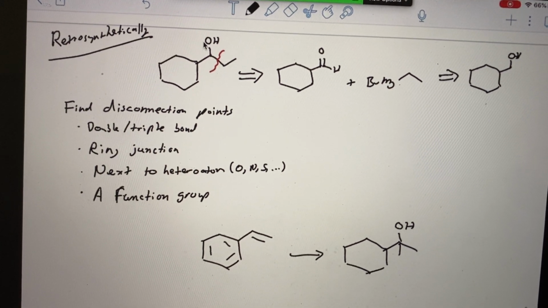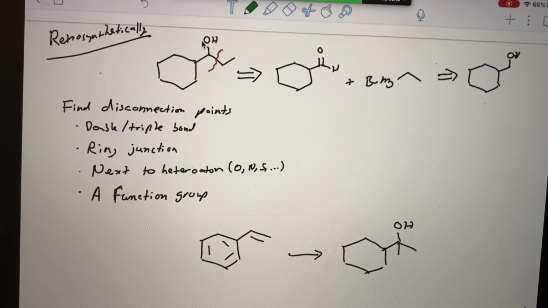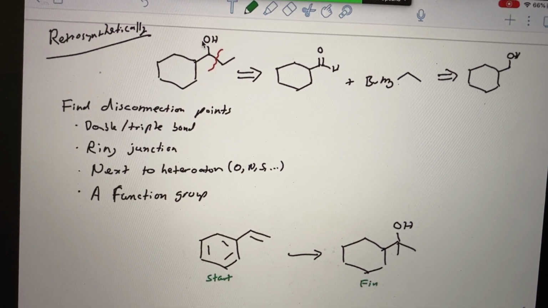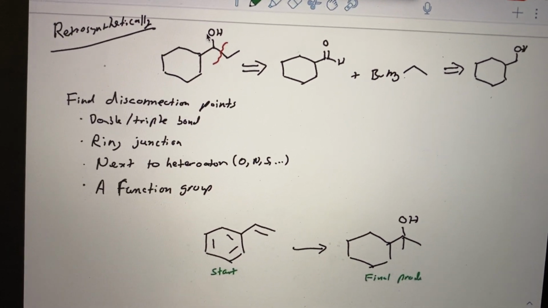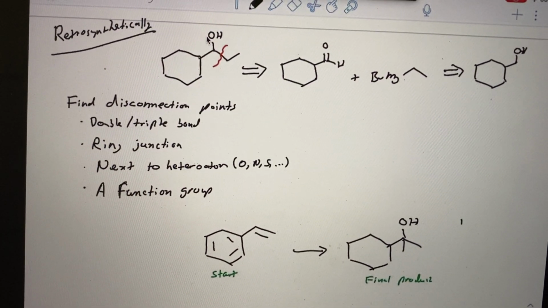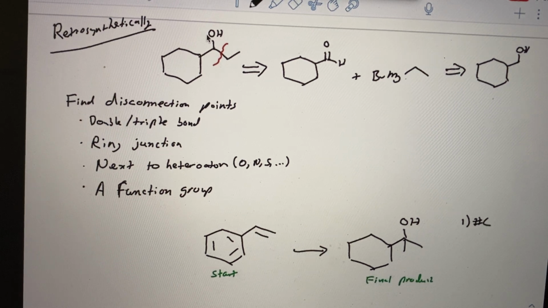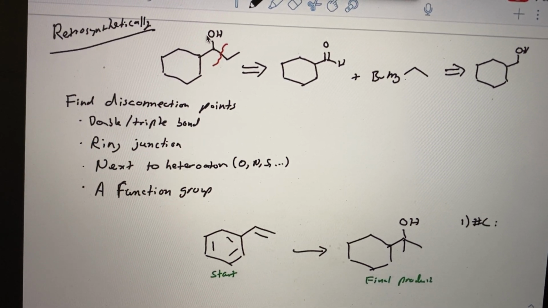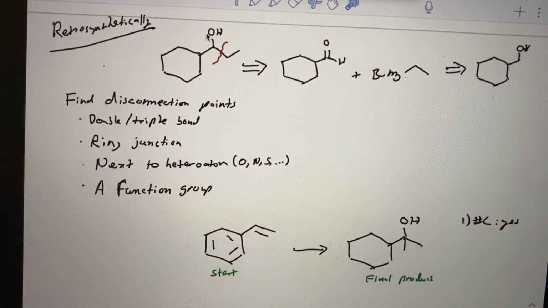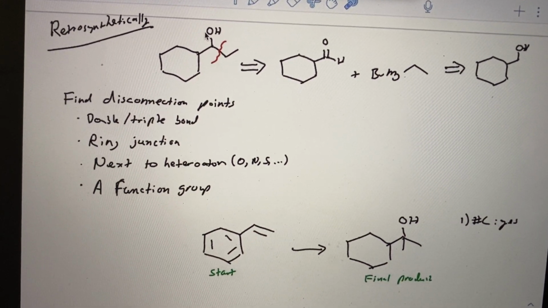We want to start with this one, and then this is going to be our final product. Now, in terms of our questions, have we changed the number of carbons? Yes. It looks like we've added an extra carbon at this position.